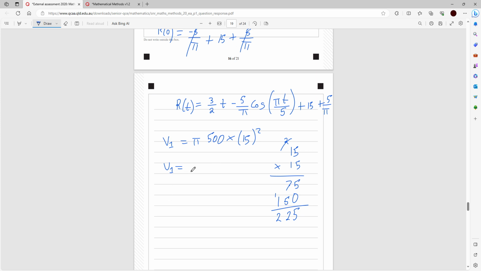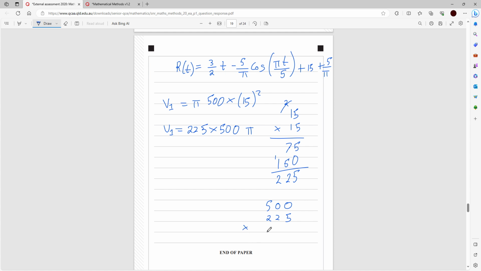So that'll be 225 times 500 times pi. So what you want to do is go 500 times 225, and you can do that without a calculator as well, using one of these multiplication tables. 5 times 0 is 0, 5 times 0 is 0, 5 times 5 is 25. Then we go 2 times 0 is 0, 2 times 0 is 0, 2 times 5 is 10.